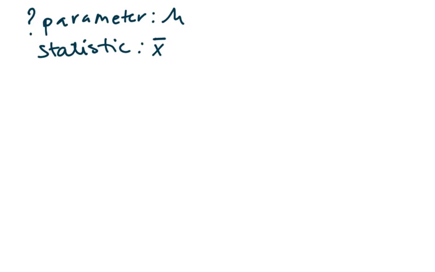Then if we know that x bar is within about 2 sigma over root n of mu, we're going to say that mu is within plus or minus sigma over root n.